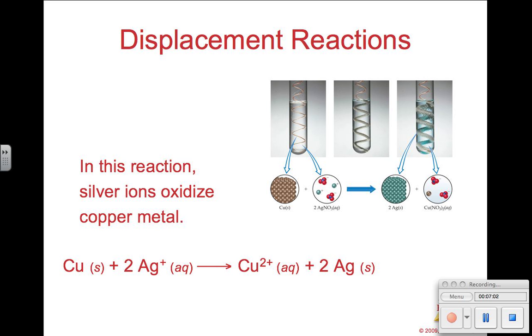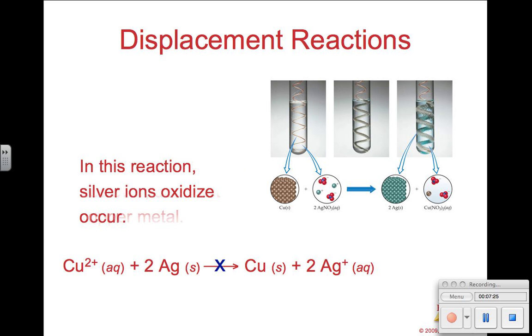Then when we get our reaction, we get solid silver precipitating out, so the oxidation number of silver is now 0. So it's gained an electron by going from +1 to 0, so the silver has been reduced. Then the copper has lost 2 electrons, so it's been oxidized.